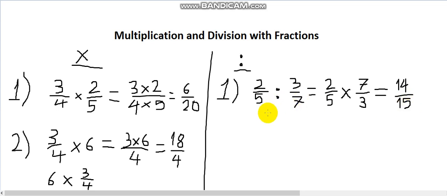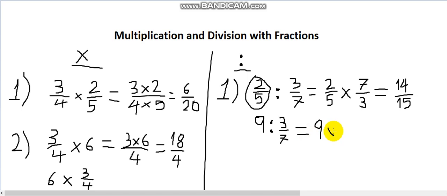What you have to keep in mind here is that it doesn't matter if the first part of the division is a fraction or not. So instead of 2/5 divided by 3/7, I could be saying 9 divided by 3/7. I would still do the exact same thing. I would leave the first part the same, so that would be just 9.